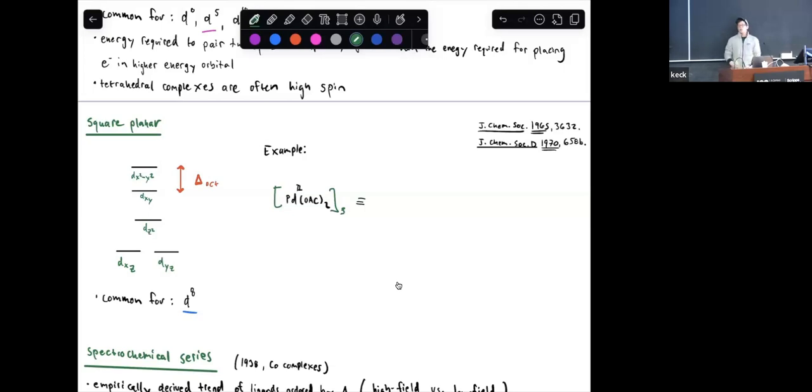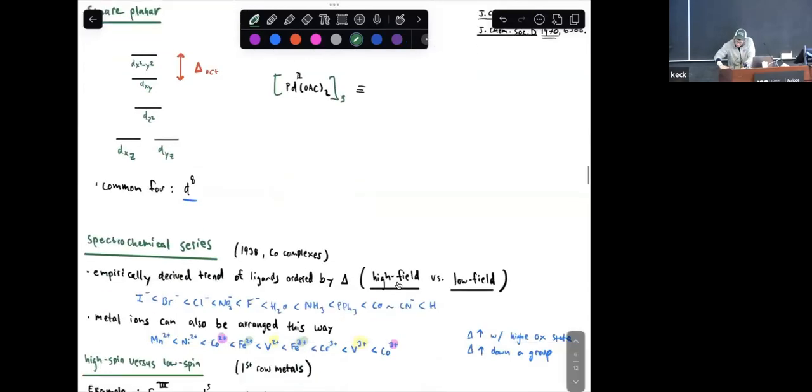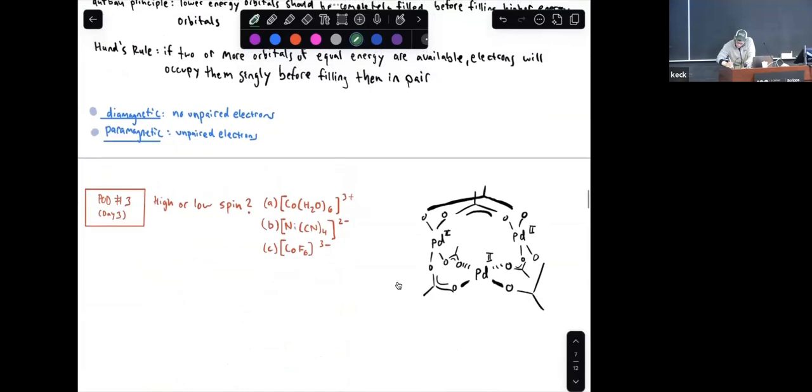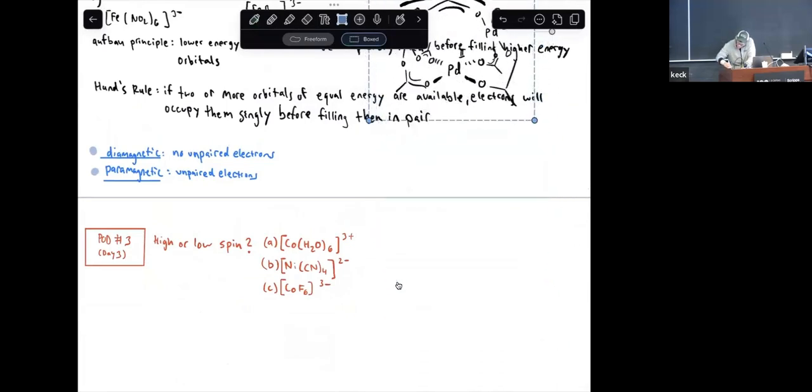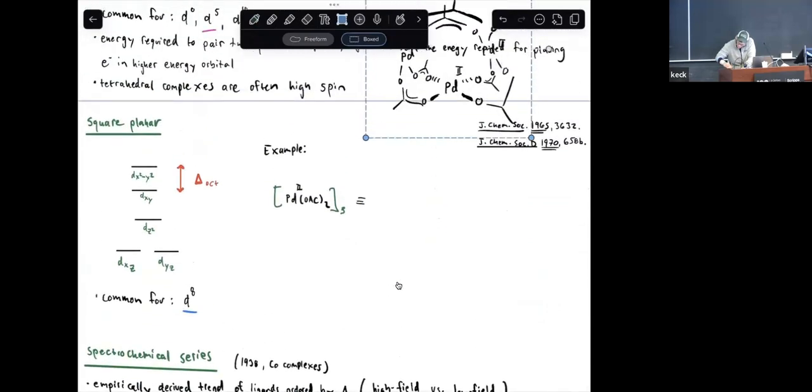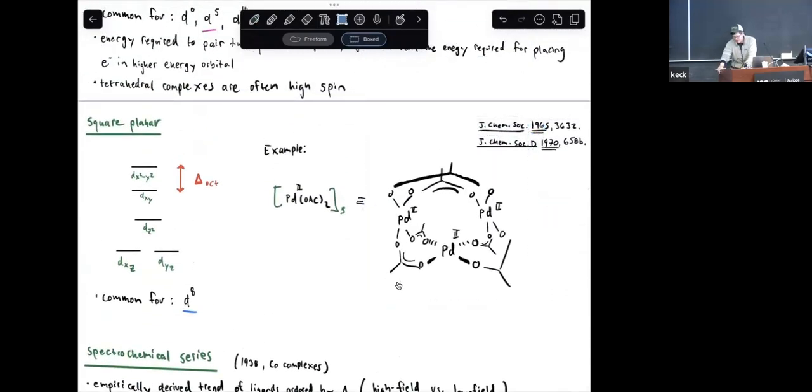And so then there's this question: if the metal wants to be square planar and you've got three of them to fit within this trimeric structure, what would that look like? I'll give you 15 seconds to think about that. I drew this out in advance, so shame on me, although when I look at this, I probably should have done a better job, but it looks something like this.